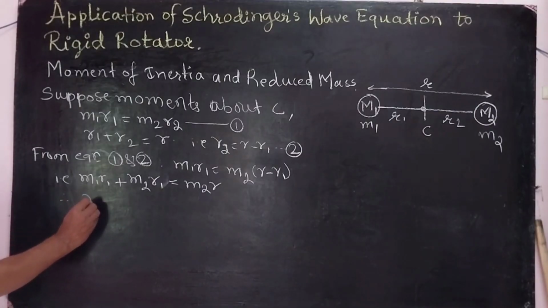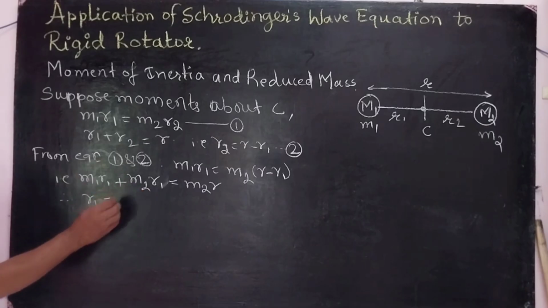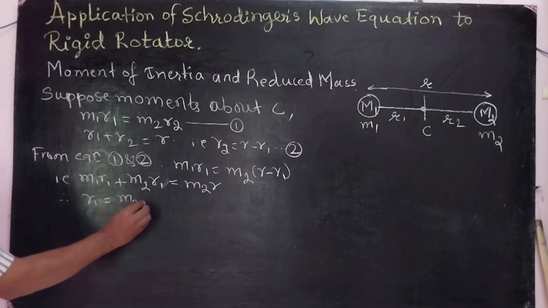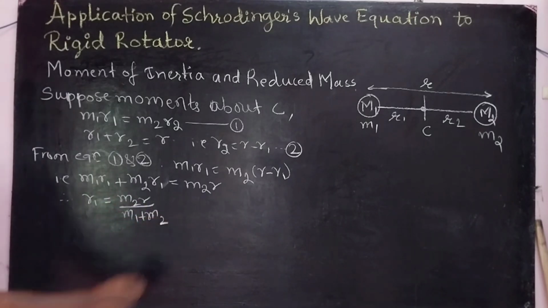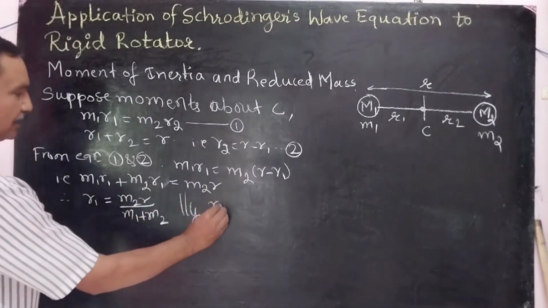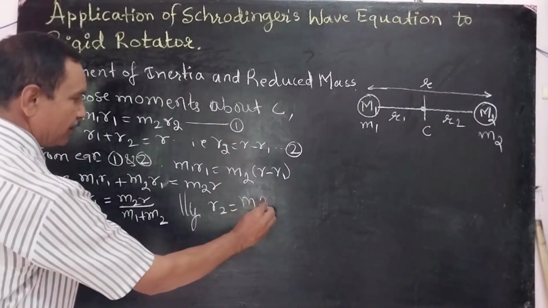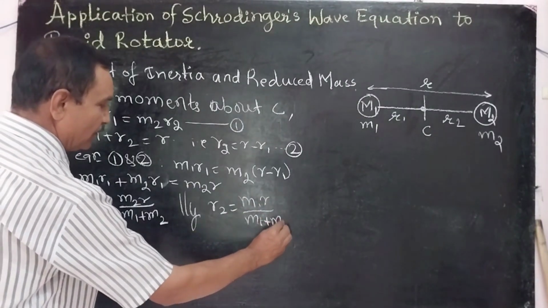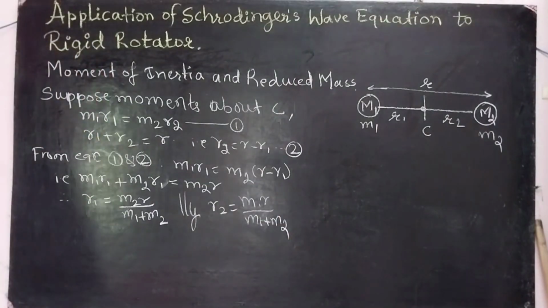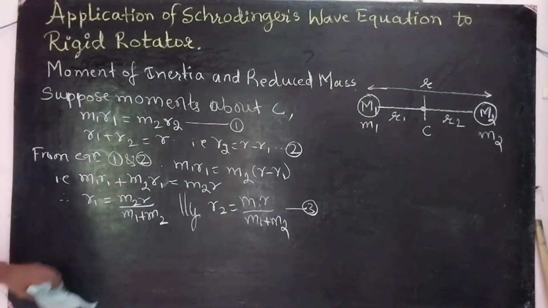Therefore, r1 equals, taking r1 common, m2 r divided by m1 plus m2. Similarly, r2 we may derive as m1 r divided by m1 plus m2. Suppose these are equation 3.